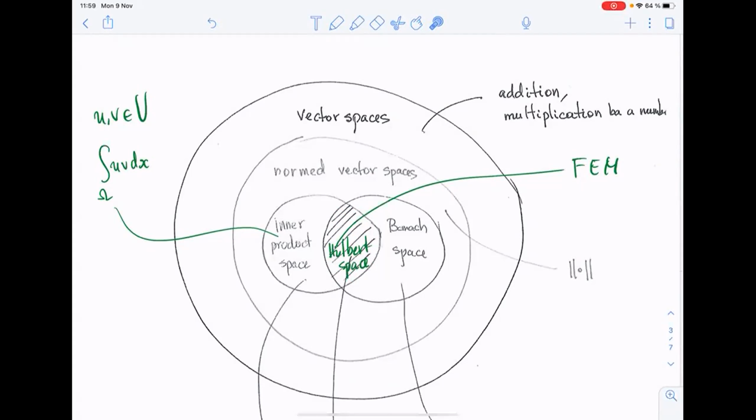In terms of norm, because we have to construct some norms. In terms of inner product, because the variational formulation is just an inner product. And this is the space that we are working in, and a lot of tools that we use later, some of the inequalities like Cauchy-Schwarz, come from this space.